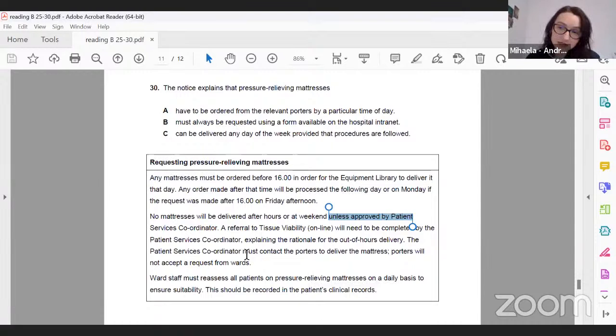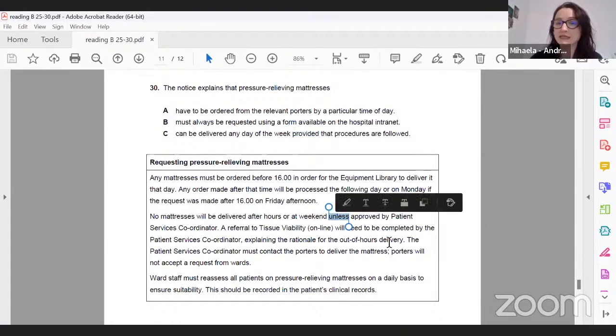So then the standard doesn't necessarily have to be followed, but you need to get an approval for that. It's C. So that's C, yes. Provided that, unless. Yeah. Okay.